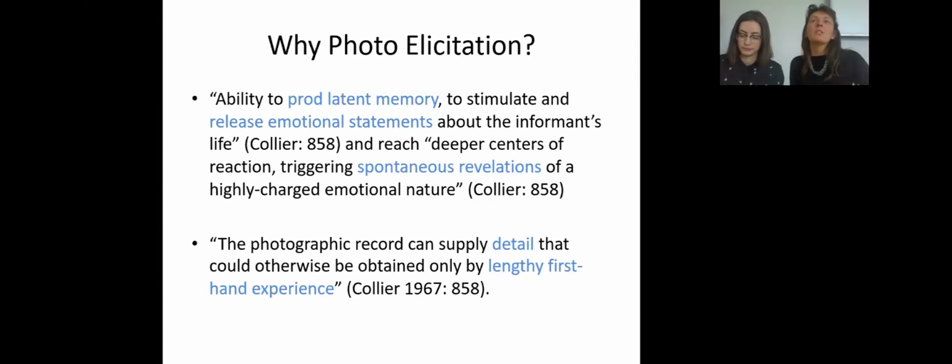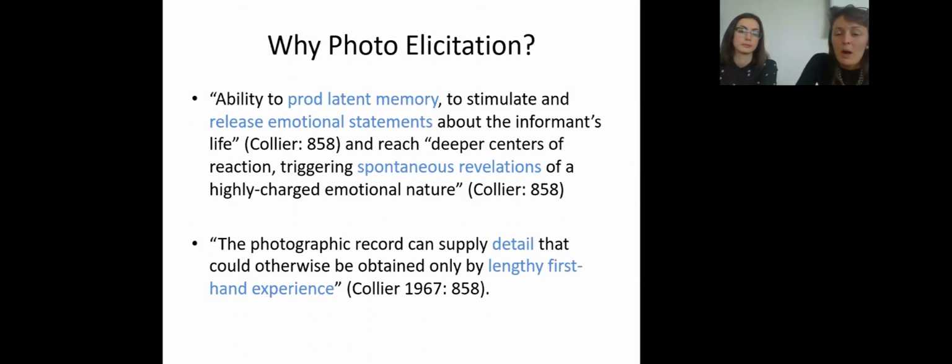So, for example, if I wanted to know what it was like to grow up as a young female in an impoverished area of South London, and I didn't have the time to live there myself, or I didn't find that it was ethical for me to insert myself into a community, how might I be able to understand what it's like to live within an impoverished area, neighbourhood, for example? Well, one way around that is that I might ask my participants to take photographs that document their experiences of living within that community.